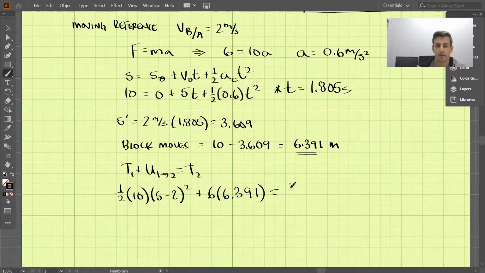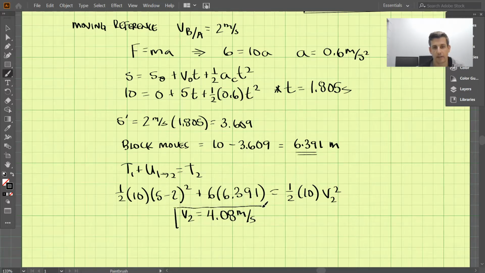And T2 is 1/2 times 10 times V2 squared, which is what we're trying to find. Solving this equation, V2 comes out to be 4.08 meters per second.